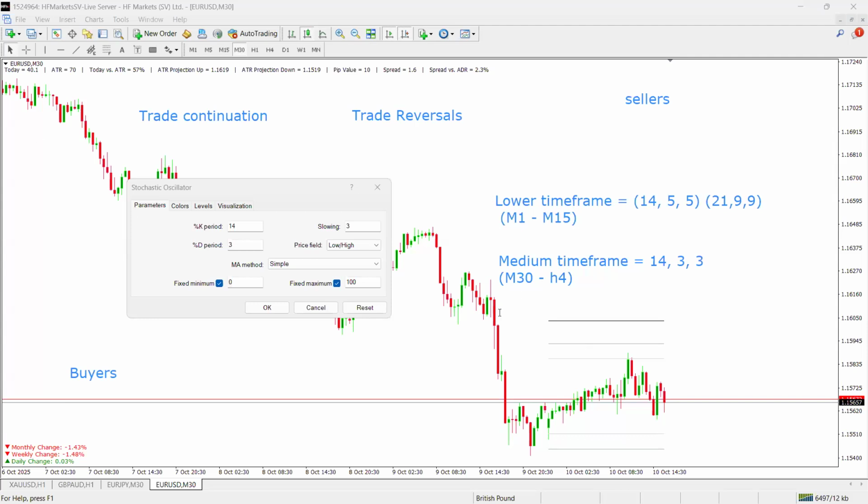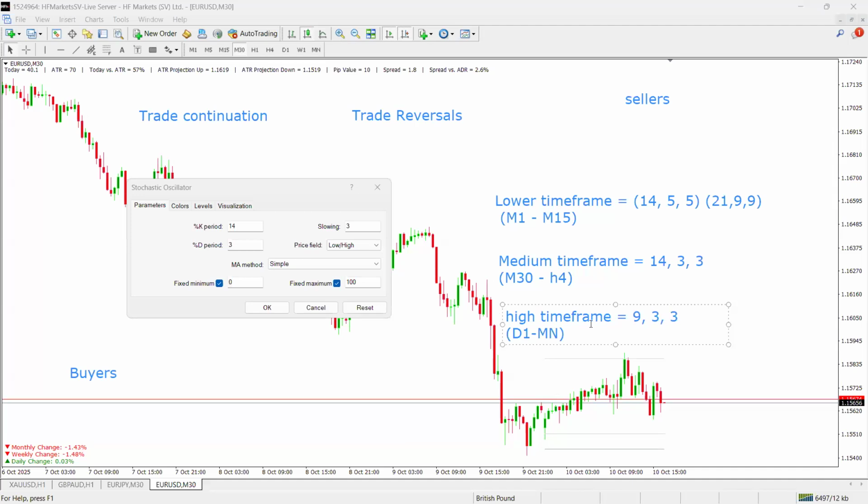If you're using it for higher time frame trading in the market, either swing or you're looking to position hold, well, apparently the market wants you to stay somewhere around 9.3.3. Yeah, 9.3.3 if you're on higher time frames like dailies, the weekly, the monthlies. If you're on a medium time frame like M30, H1, H4, 14.3.3 works for you.